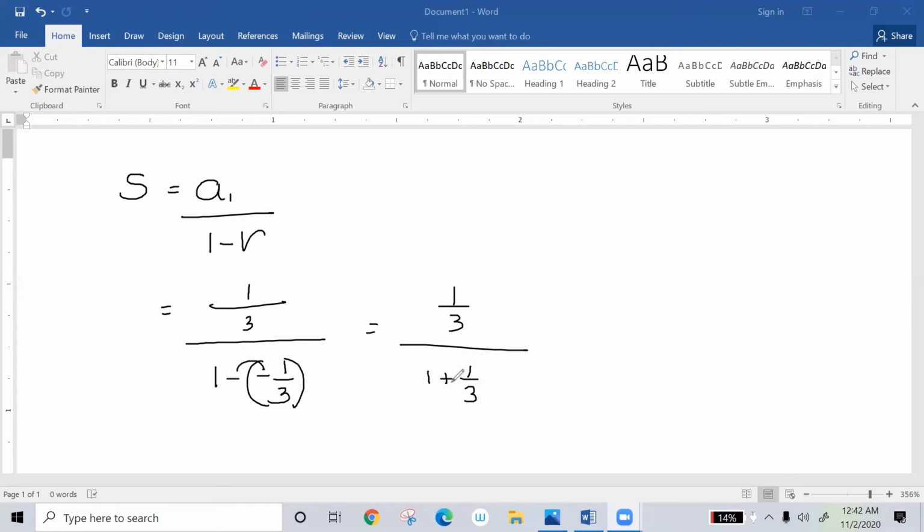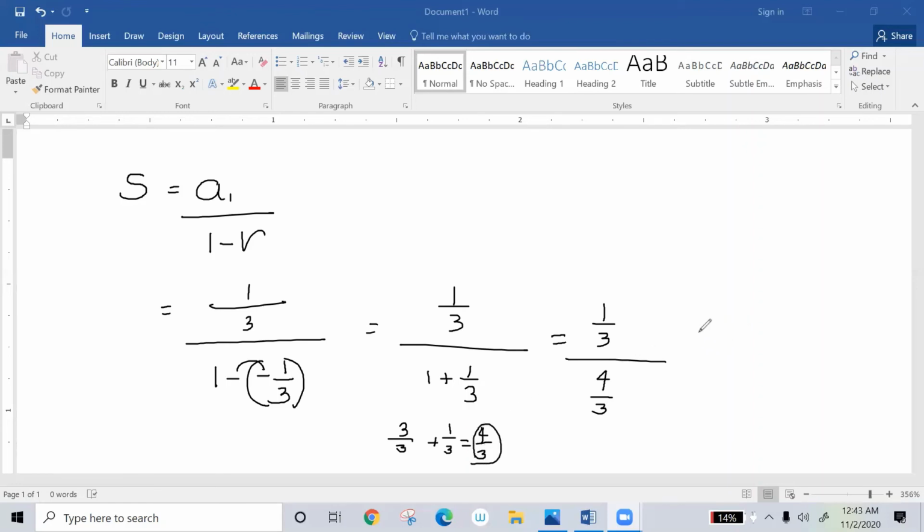So it will be 1 plus 1 over 3. Okay, that gives us 4 over 3. 1 means 3 over 3, and 3 over 3 plus 1 over 3 is equal to 4 over 3.